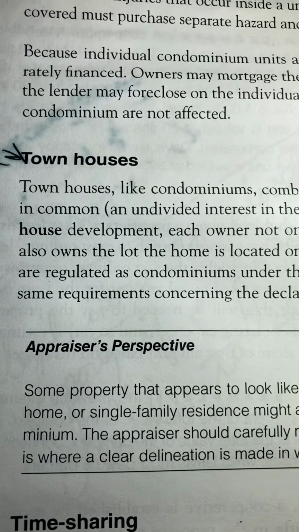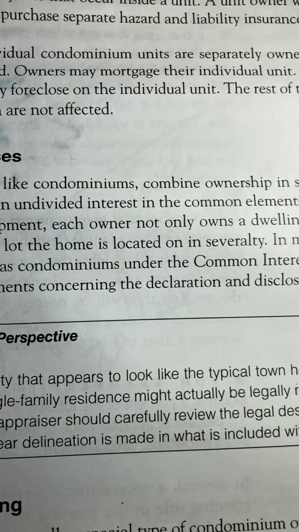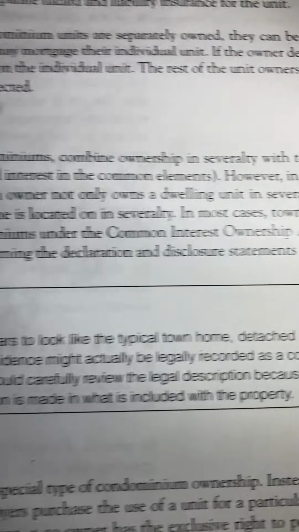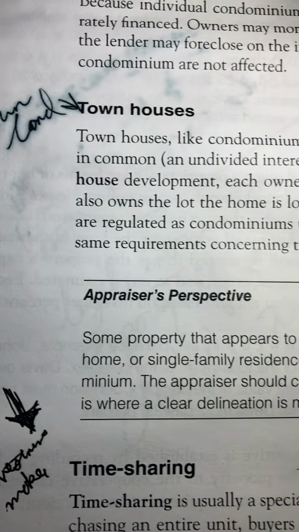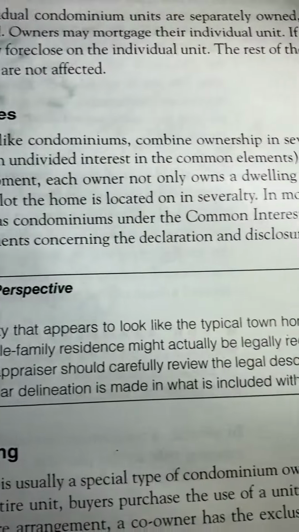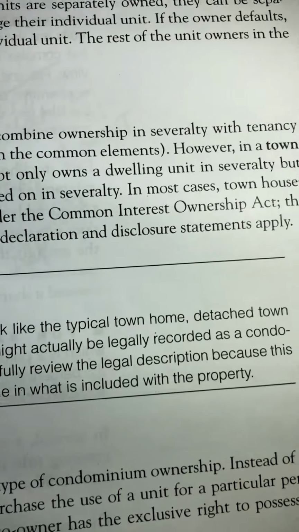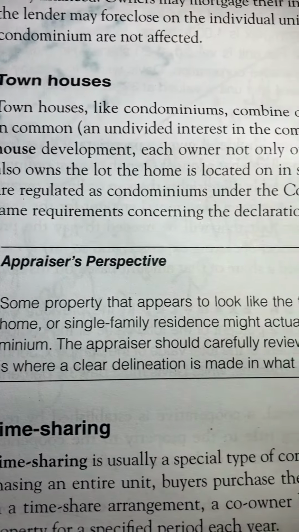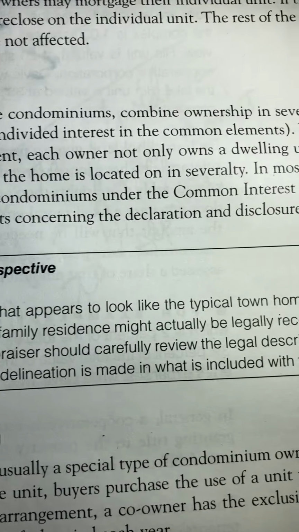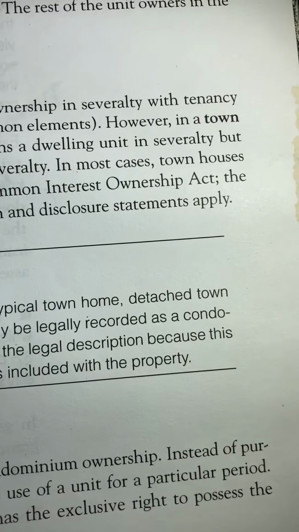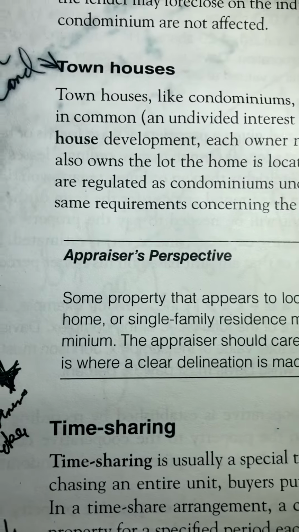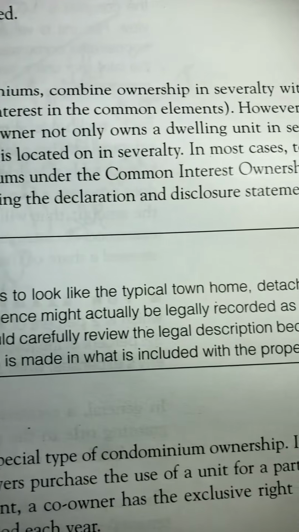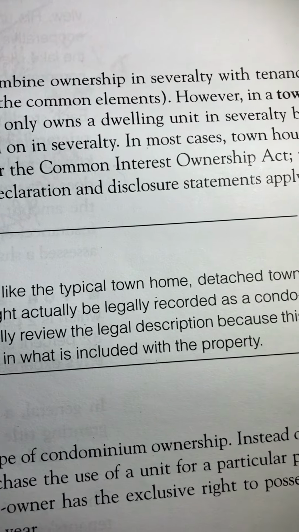Townhouses. Townhouses, like condominiums, combine ownership in severalty with tenancy in common, which means an undivided interest in the common elements. However, in a townhouse development, each owner not only owns a dwelling unit in severalty, but also owns the lot the home is located on in severalty.